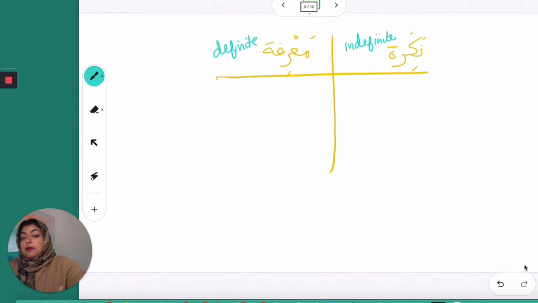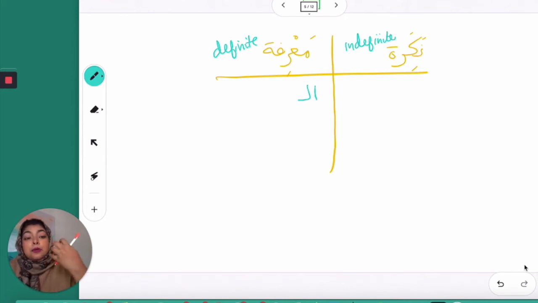Words that are ma'rifa, that are definite words. The easiest way to tell if a word is definite is it has a definite article, right? So alif lam, that's a definite article. So if a word has alif lam, then that word is ma'rifa, it's definite. If a word has a pronoun, we call it ضمائر الملكية. We're going to talk about this in today's lesson.